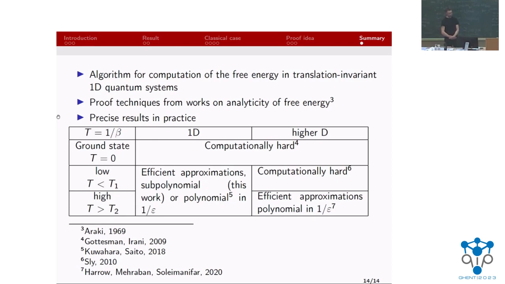And that's also where you know that there are phase transitions, both in classical and quantum systems. And conversely, as soon as you get rid of phase transitions, you also get efficient algorithms which have polynomial runtime in the inverse error. There's also nice work by Haro, Meraban, Soleimanifa, where they really relate these two things directly together. With this, I'm at the end of my talk, and thank you for your attention.